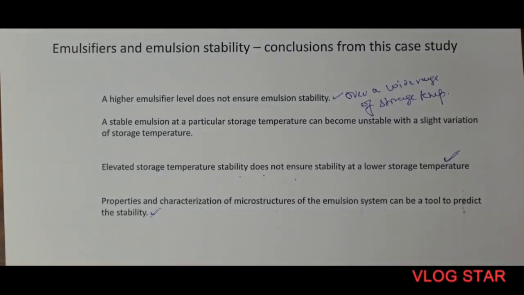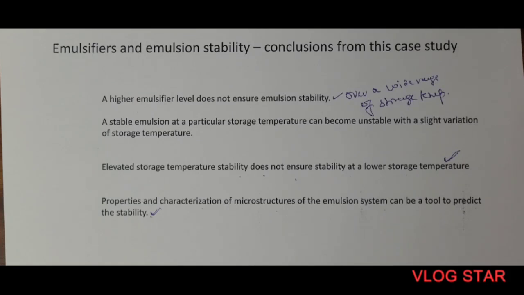So if you have a standard emulsion with a set of emulsifiers and oil phase, you can always characterize their microstructures through advanced rheological measurements or other tools, and batch to batch you can characterize those things to see that whatever you are producing is of the same quality, so that stability is ensured. So this is what I want to share with you in this video.